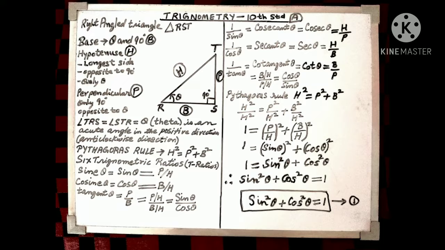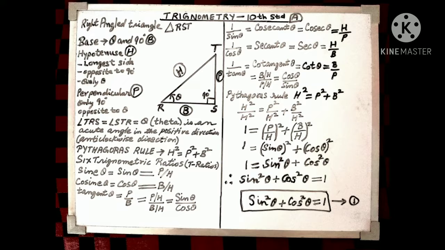The reverse of sin theta is equal to 1 by sin theta, which we write as cosecant theta or simply cosec theta. So it is written as cosec theta is equal to h by p, hypotenuse by perpendicular. Similarly, 1 by cos theta is equal to secant theta, which we write as sec theta is equal to h by b, hypotenuse by base.